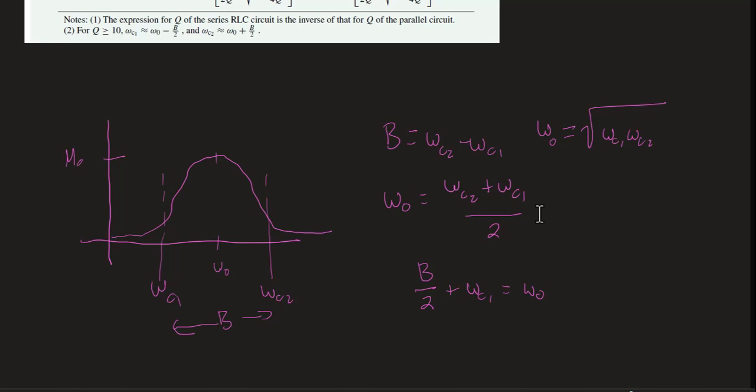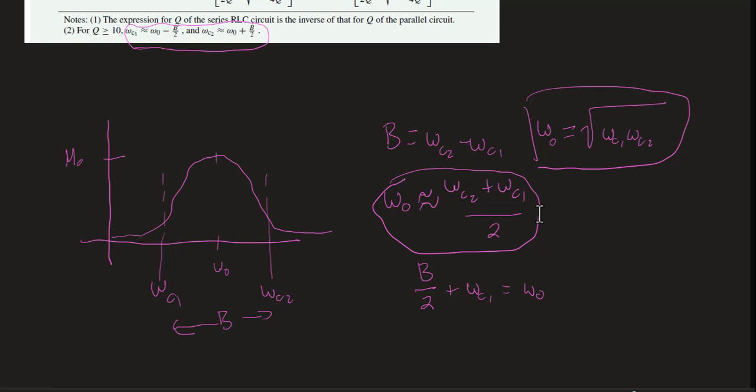But the arithmetic mean is only an approximation, because it's not the geometric mean. So the geometric mean is the true definition, and the arithmetic mean is an approximate definition. But those are not the only definitions at all.